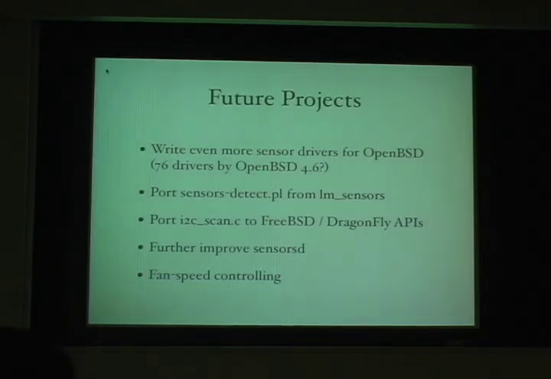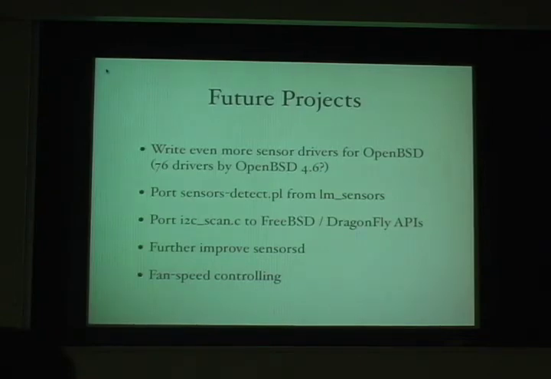So basically, it allows you to see which chips you have on the system. It can be helpful if you want to port drivers from, say, OpenBSD to DragonFly BSD, or from OpenBSD to FreeBSD, or from different systems. It can tell you which chips you have on the system, so it's easier to code those drivers.